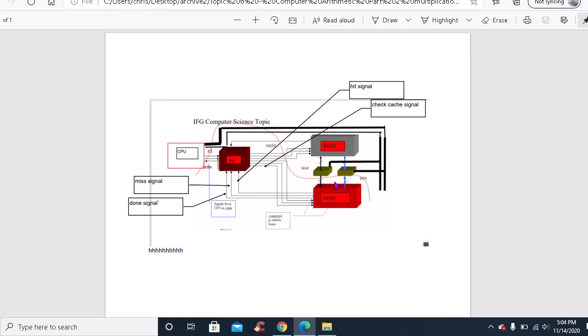In the past you've had a run of misses, but in the future, if you've got the data that the CPU needs, you're going to get a run of hits.